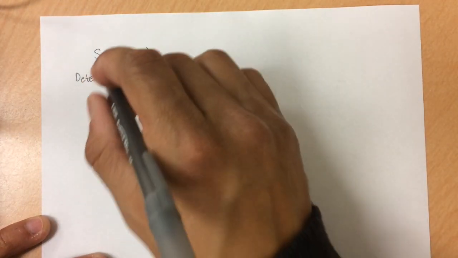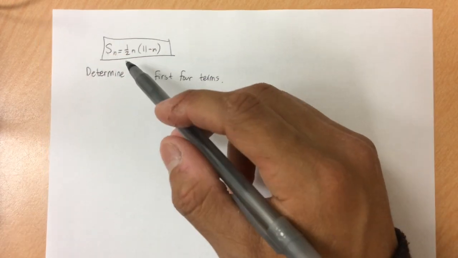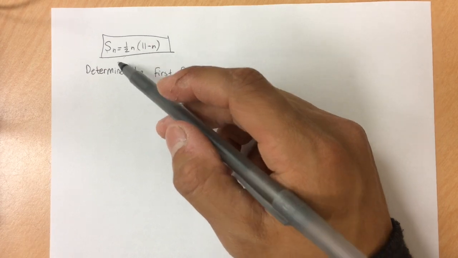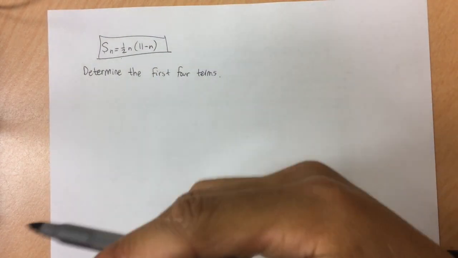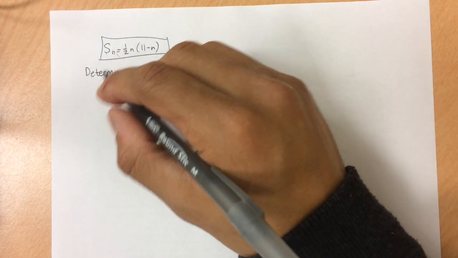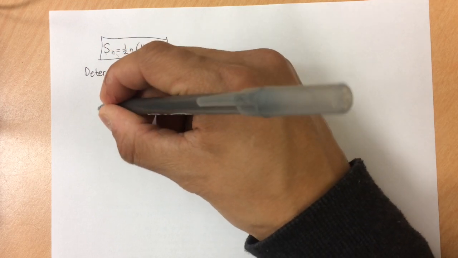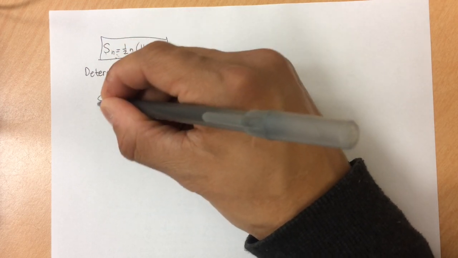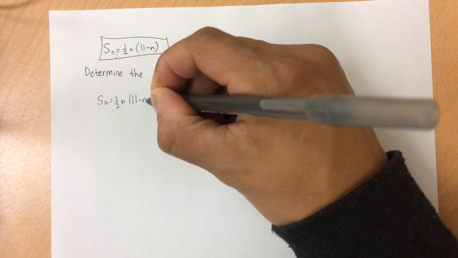Yeah. So if we're given this series, it's an arithmetic series. So we have enough information, and we want to determine what the first 4 terms of the sequence would have been. So if you're given something like this, and you want to find out what the first 4 terms of a sequence are, then all you need to do is take this formula, or whatever formula you're given. It might change from time to time.